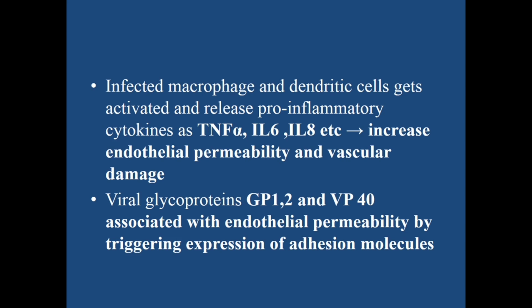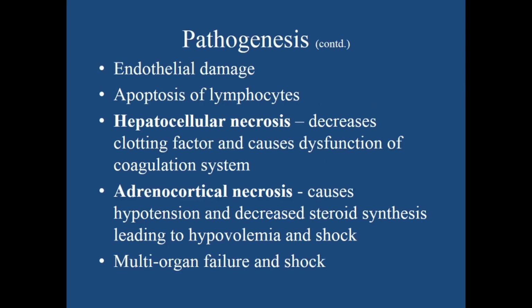These viral glycoproteins facilitate or enhance the adhesion of these viruses to the host cells. What happens as a result of all this? There will definitely be endothelial damage. There will be apoptosis of the lymphocytes. Lymphocytes are supposed to be protective, but instead they are being destroyed. There will be hepatocellular necrosis because there is a decrease.